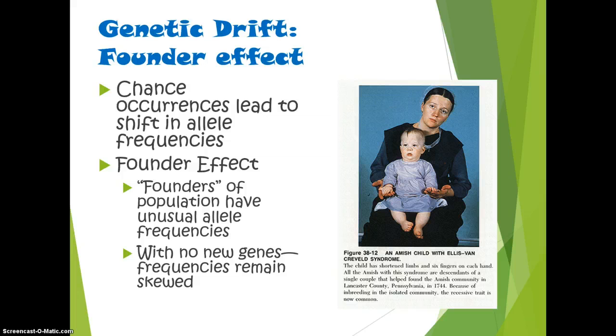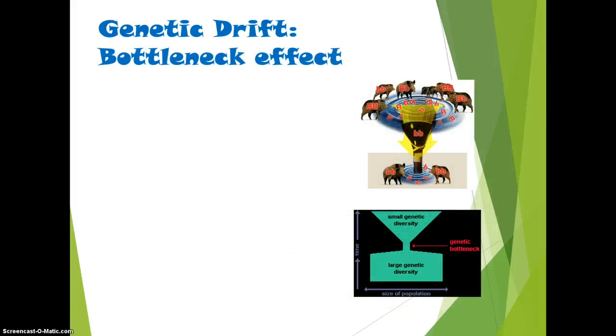Think of it like founding fathers. If they came over and had some really unusual genes, and the U.S. was completely isolated from the world, then we would pass all those unusual genes around the population. The frequencies are going to remain skewed if there's no gene flow, if there's no immigration.